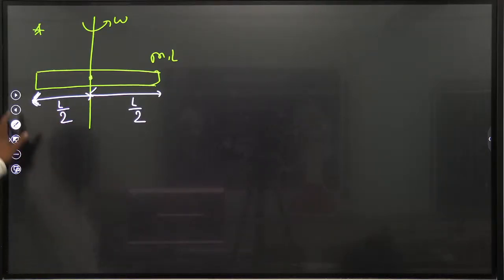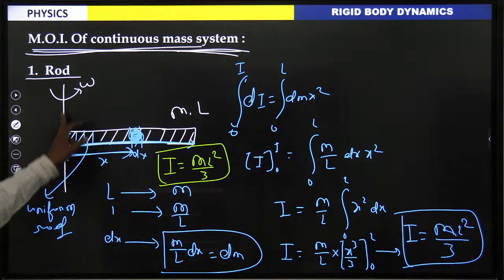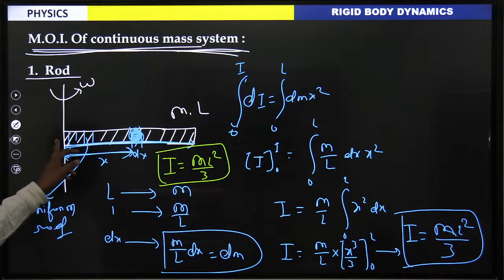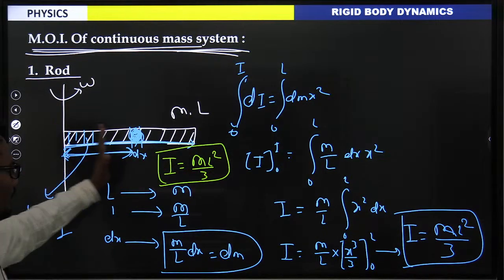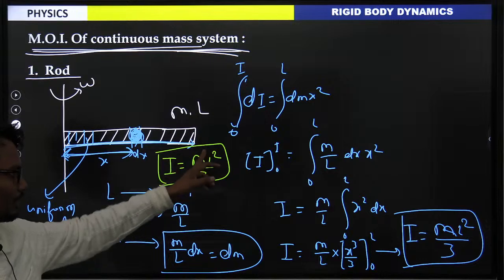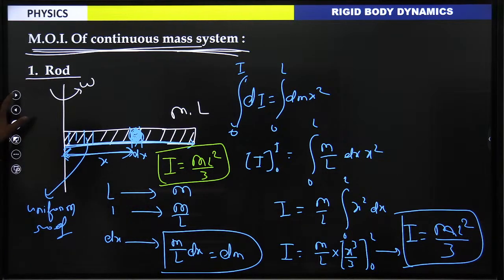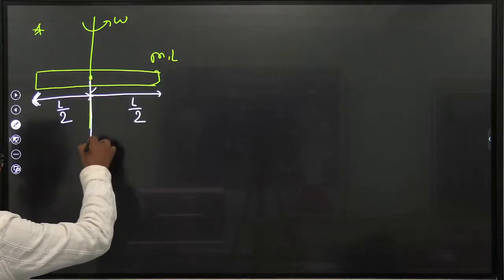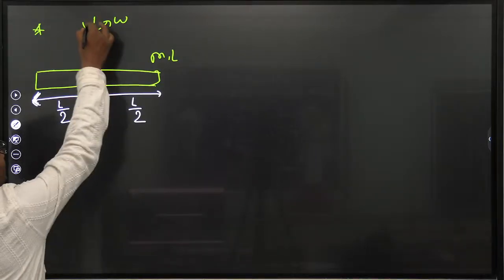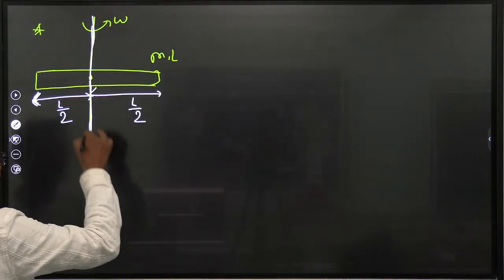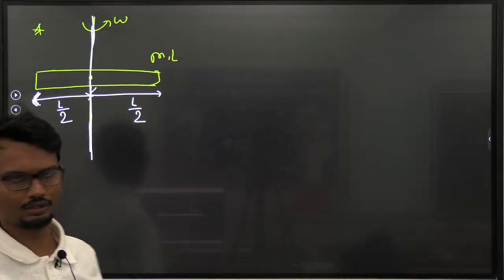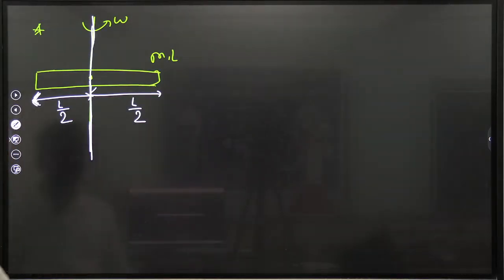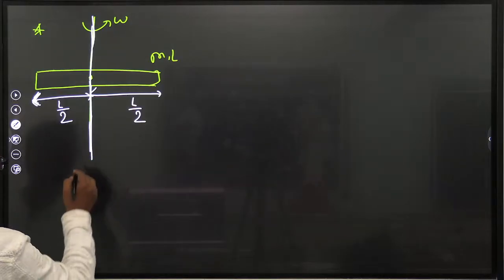In the previous question, the axis was passing through one end of the rod, either this end or this end, and the moment of inertia became m L square upon 3. But in this case the axis is passing through the center of the rod. Clear? Then how will I find the moment of inertia of this case? Simply, we can find it similarly.